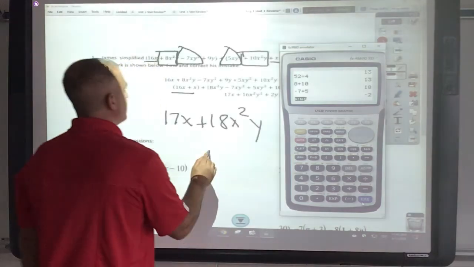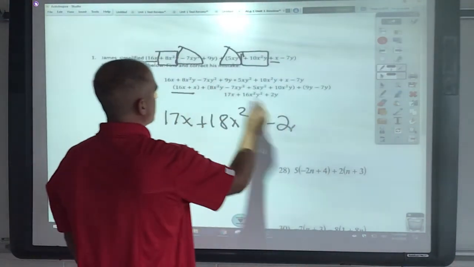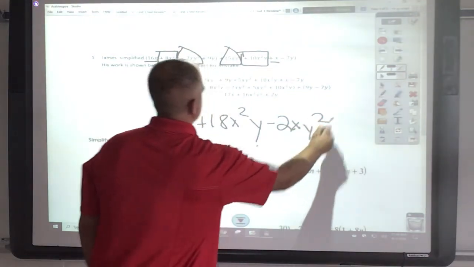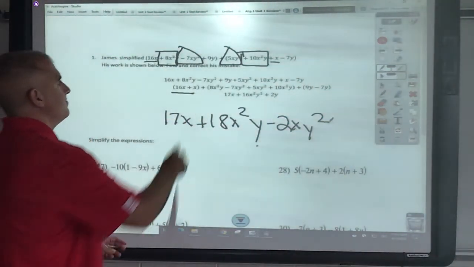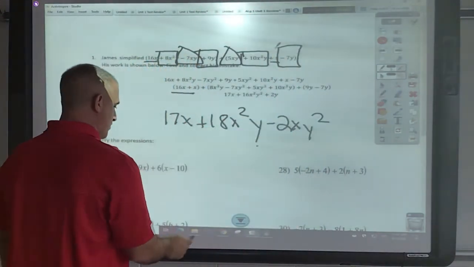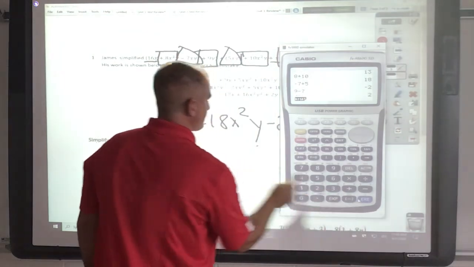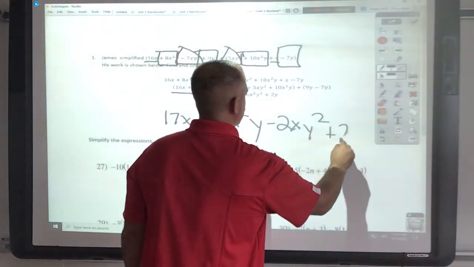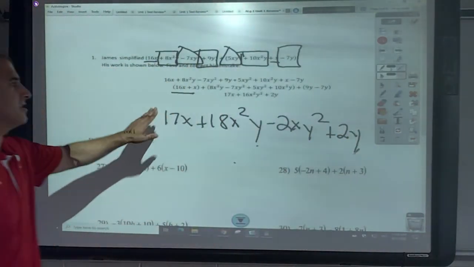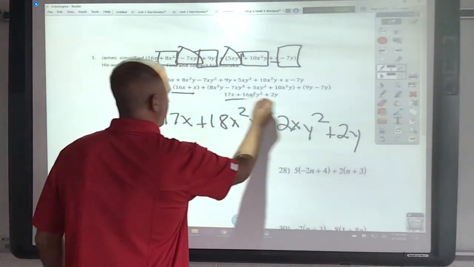Then these, -7 plus 5, so that should have been -2xy squared. And then the last one, those would just be 9 minus 7. As you notice, what I'm doing is I'm just looking at the coefficients. I'm keeping the exponents the same. When you're adding and subtracting, you don't change the exponents. Now, look what he got for an answer.